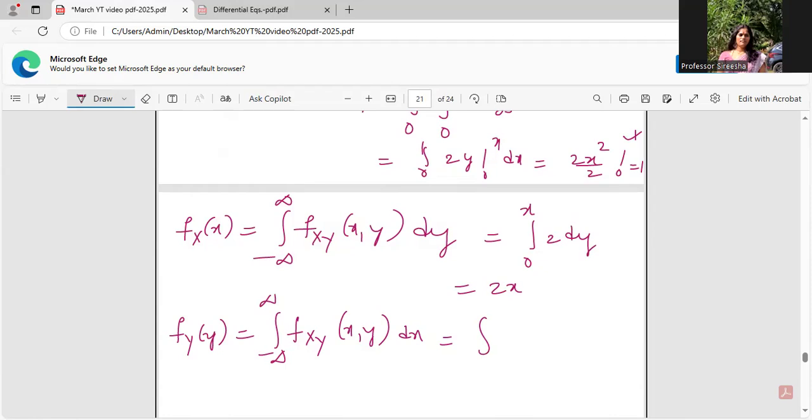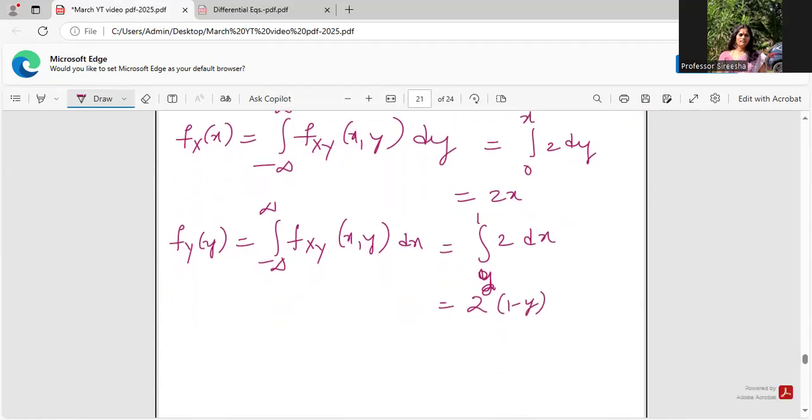So 0 to 1, 2 dx. Since when I'm taking y limits, I'm fixing x. When I'm taking x limits, I'll be fixing y. So what I'll be getting is 2 into 1 minus y. Upper limit is 1, lower limit is y. So I'll be getting like this.